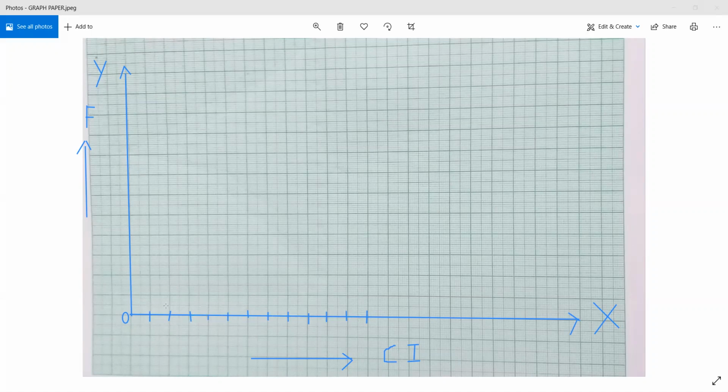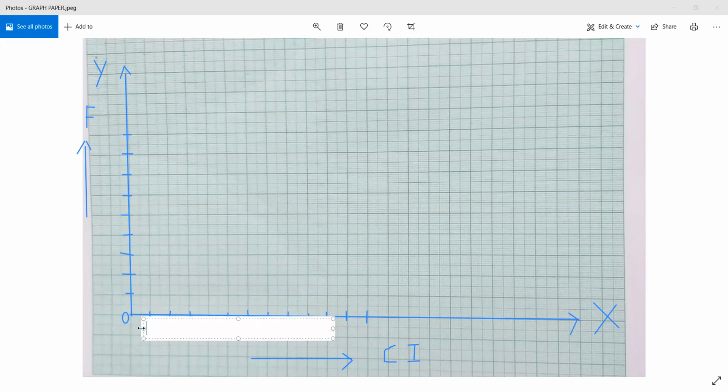Okay, all right. Similarly, this side we're going to have 9 because it's 90. 1, 2, 3, 4, 5, 6, 7, 8, and 9.